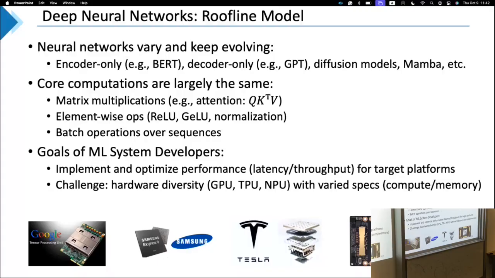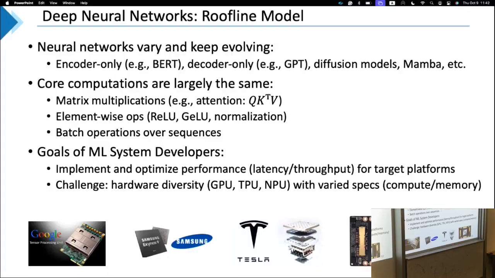So one thing we need to do is choose the best target hardware platform for our algorithm, and further optimize the kernel, or let's say if you are targeting GPU, optimize the kernel design of your algorithm on the target hardware.